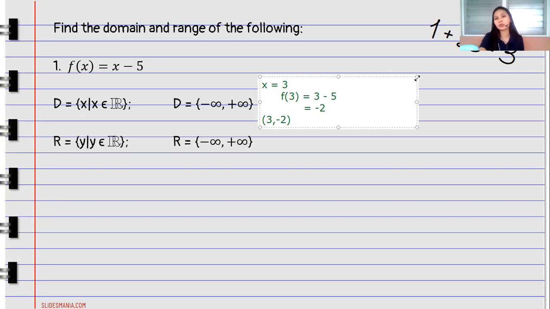Ayun lang naman yung dapat tandaan dito sa domain and range of a function po. You have to always remember that the function should never be undefined or imaginary po.